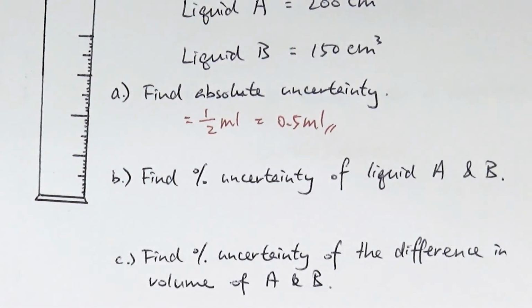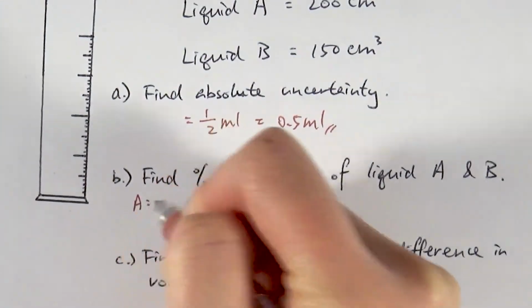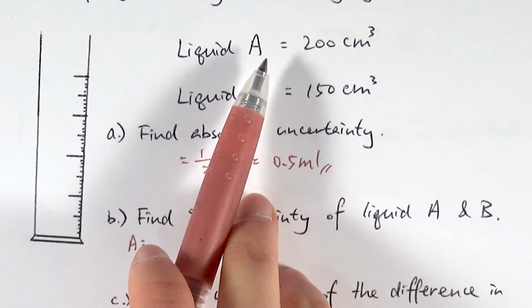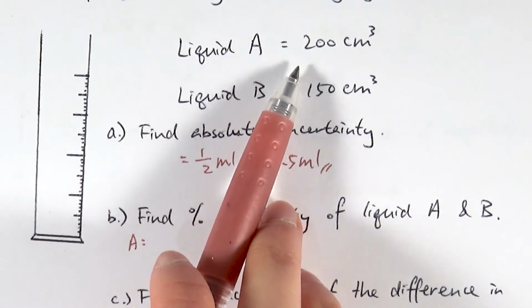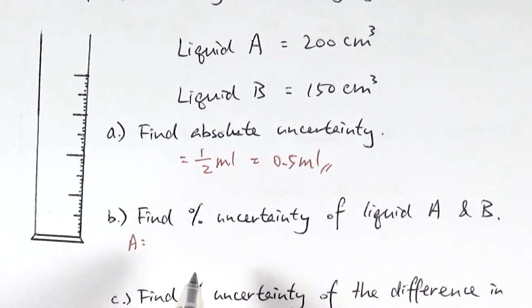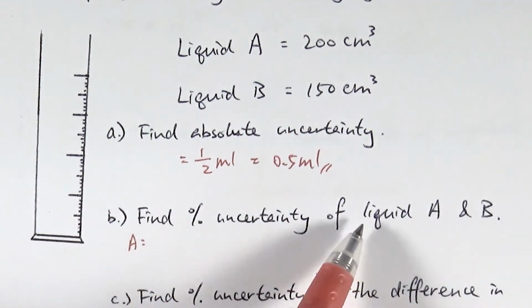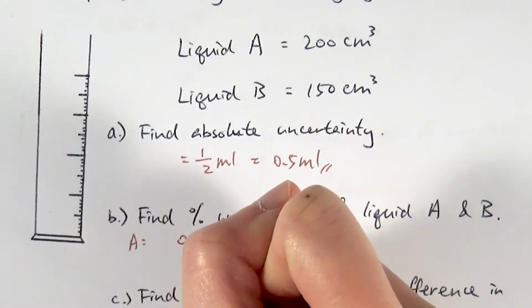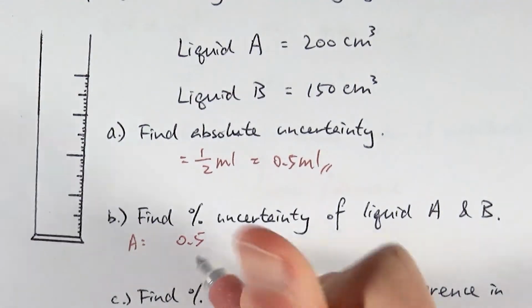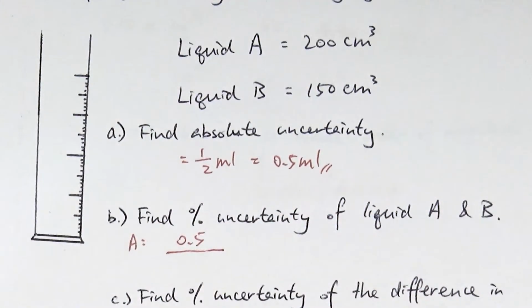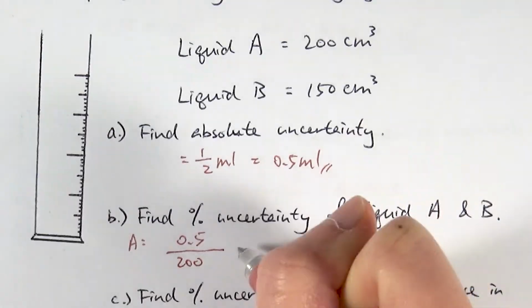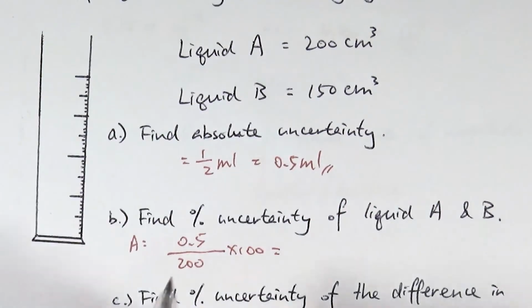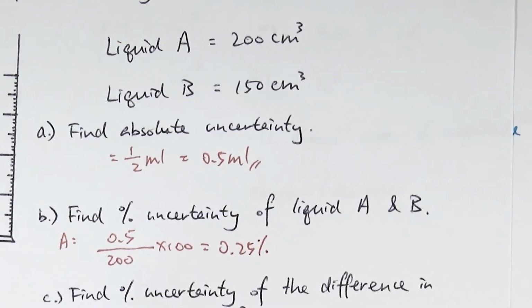Then if we have to find the percentage uncertainty of liquids A and B, for A, first of all, because liquid A is 200 centimeters cubed, or 200 milliliters, we can simply do, because this is just about the individual one, absolute uncertainty, which is 0.5 milliliter, divided by the quantity measured, which is 200 milliliters, times 100. The percentage uncertainty just for liquid A would be 0.25%.